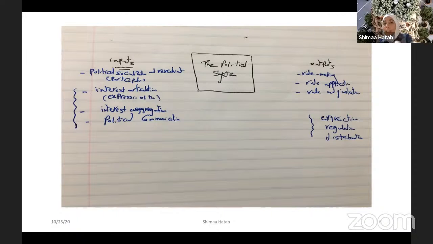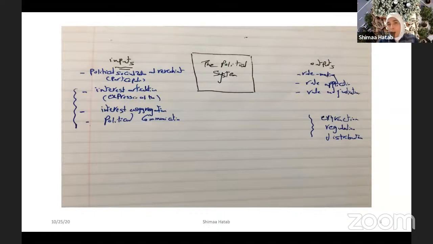And then the political system would respond. Initially, Almond made this effort that the outputs would be in the form of rule making, rule application, or rule adjudication.